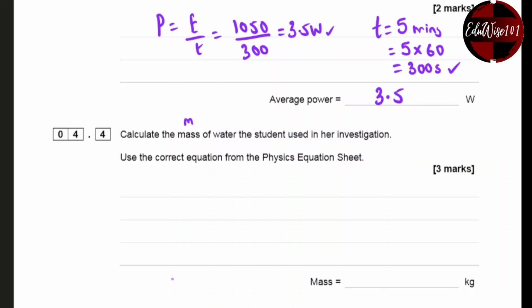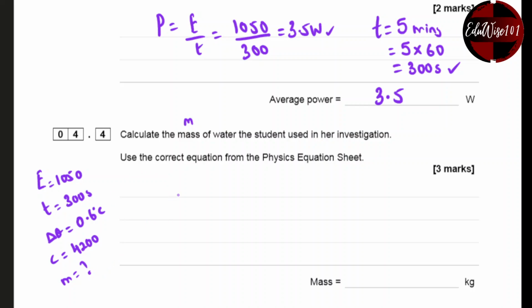They have given us the energy, which is 1050, the time, which is 300 seconds, which you don't really need for this, the temperature change, delta theta, is 0.6 degrees Celsius, specific heat capacity of water is 4200, and mass is what we are trying to find.